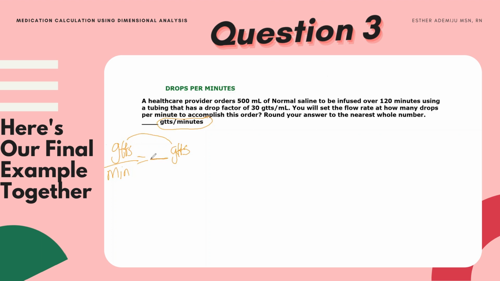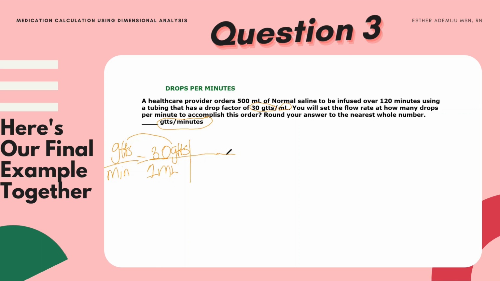And we need to ask ourselves, what do we know in our question that has GTTS or drops behind it? And we have one right there, and that is 30 GTTS. So 30 comes here, and mL comes with it. So 1 mL.